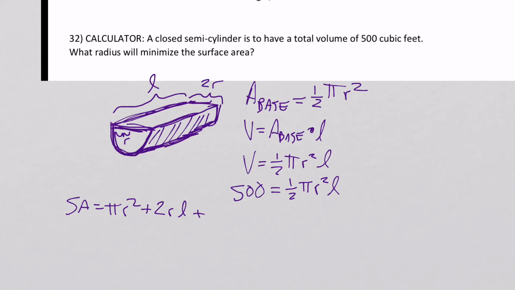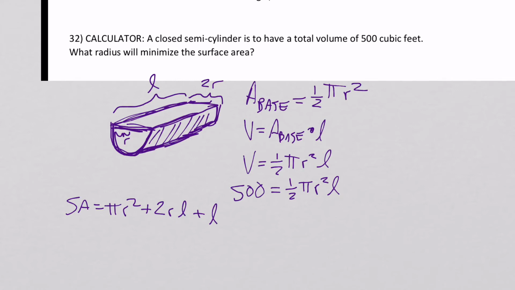The length of the rectangle is L, but what is the other dimension of the rectangle? Well, it's whatever the circumference is of that curved edge on the semicircle. If the circumference of a circle is 2 pi r, then the circumference of a semicircle would just be pi r.